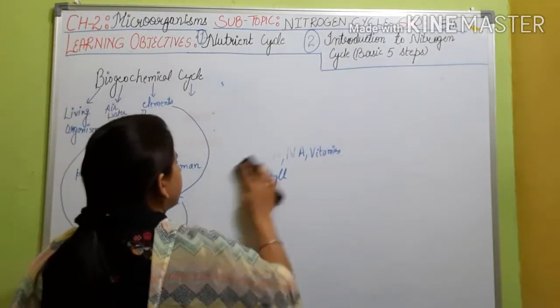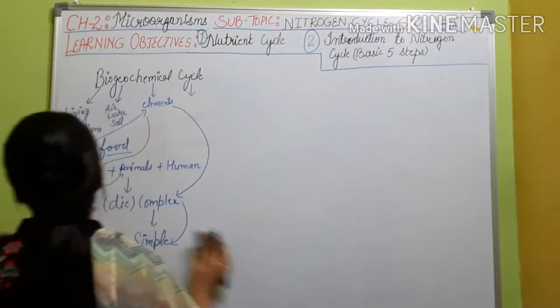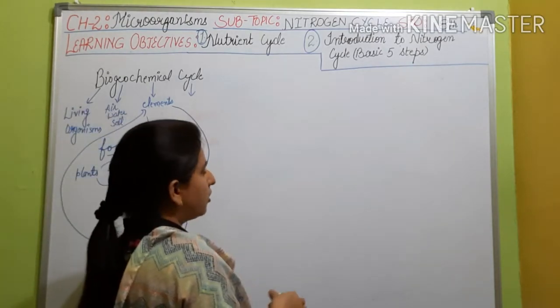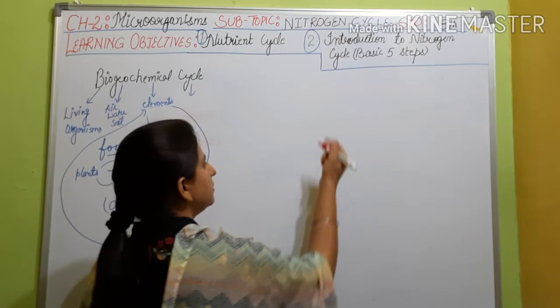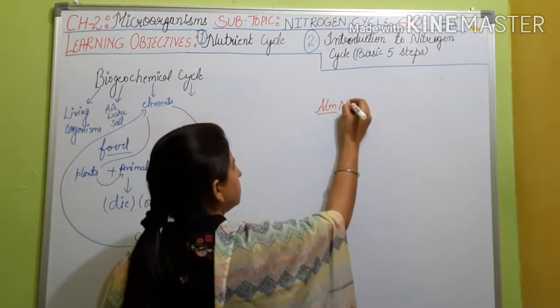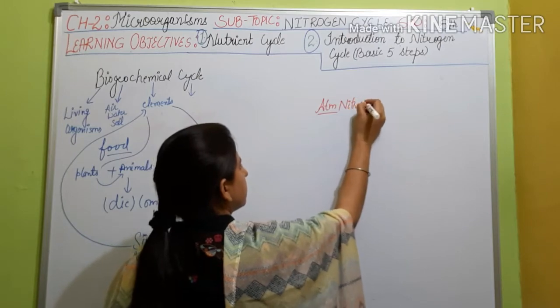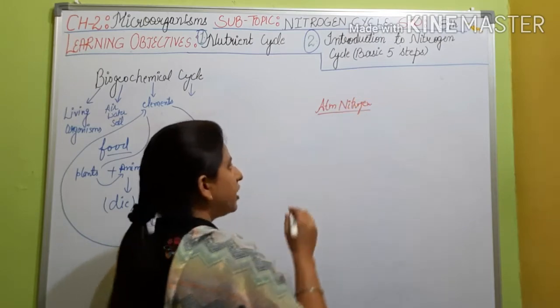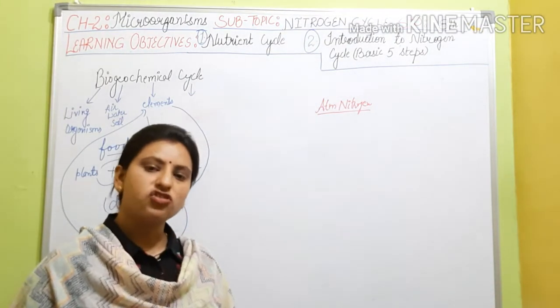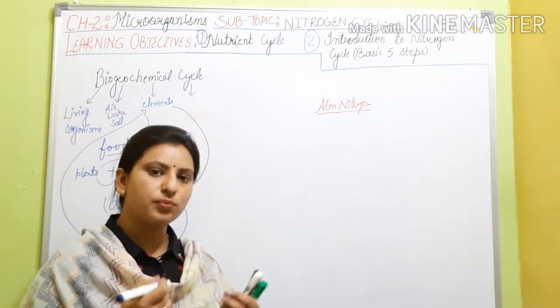In the nitrogen cycle, as we know, the atmosphere has 78% nitrogen. Now this atmospheric nitrogen we can't use, so it has to be changed into some usable forms.